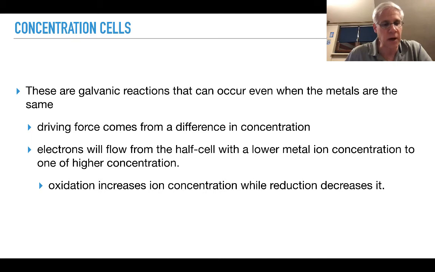Remember, where it's oxidized, those metal atoms come off as ions, and so the ion concentration in that half cell will increase. And on the other side, where the electrons are going, you'll have reduction taking place, and you will have your concentration of ions in there decreasing. And so that'll go until the two concentrations are the same.